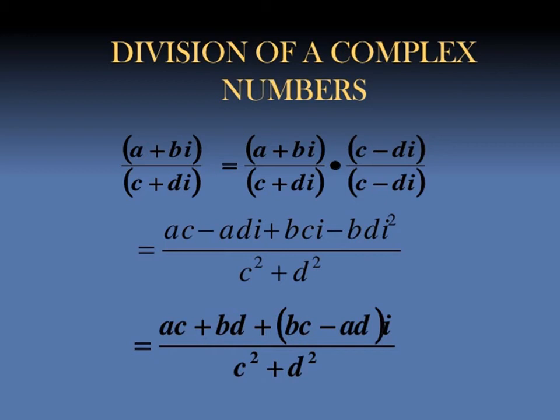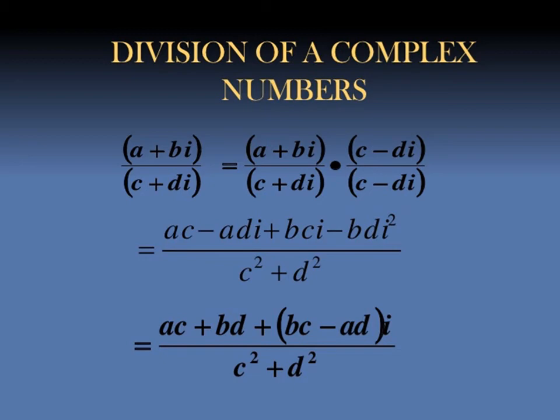The numerator becomes a plus bi into c minus di, and we have to perform the multiplication of the two complex numbers using the fundamental property of multiplication. Multiplying these two brackets, a plus bi into c minus di, it becomes a into c minus a into di plus b into c minus b into d into i square.